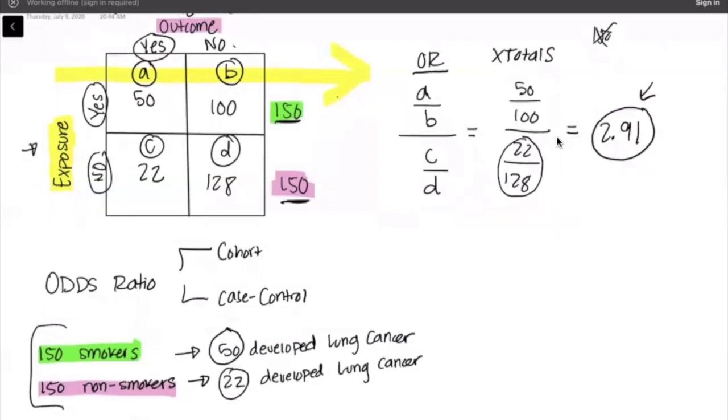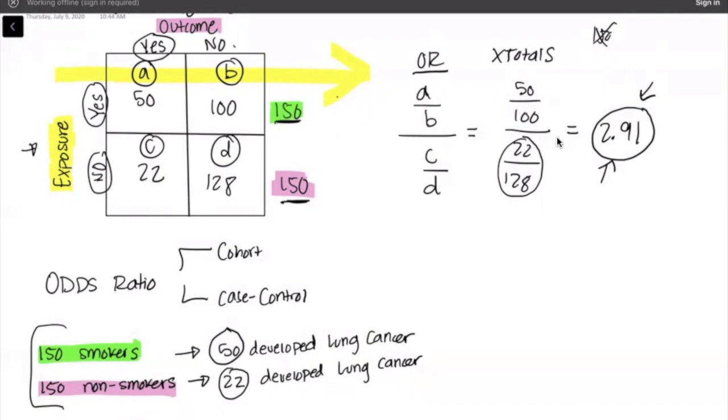Now, interpreting this odds ratio is pretty similar to what we talked about in another video about interpreting risk ratio. Only you want to be careful with using the word risk when you're actually calculating an odds ratio. So how would I interpret this?